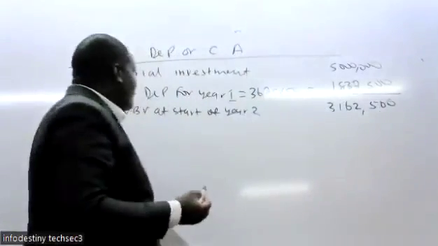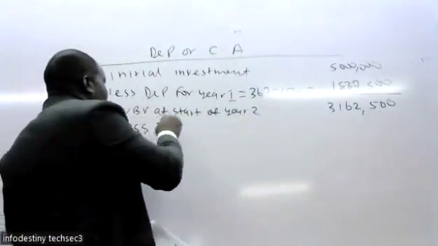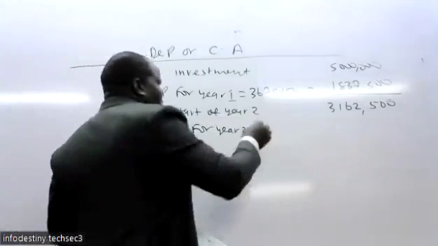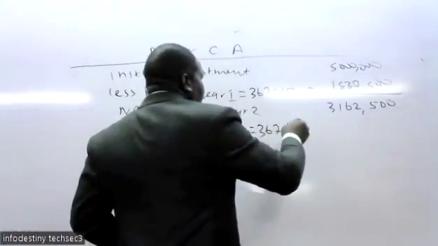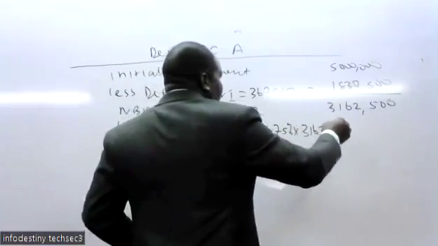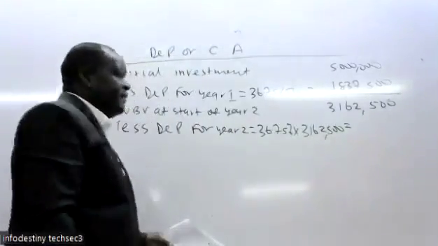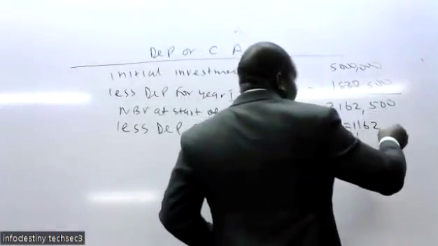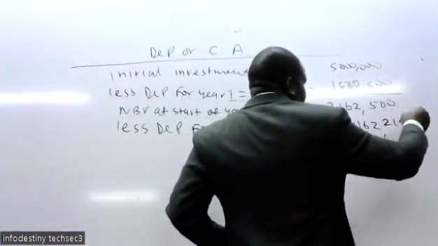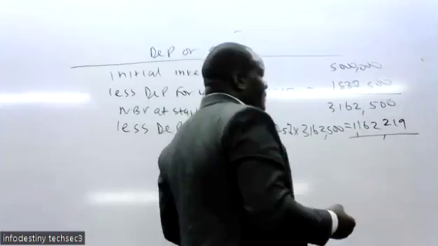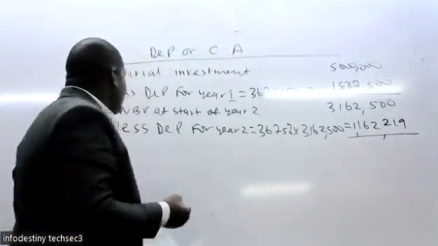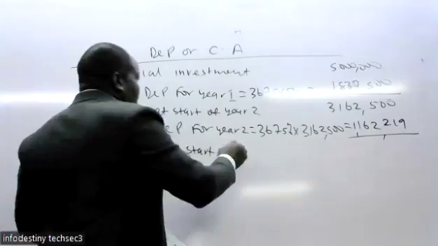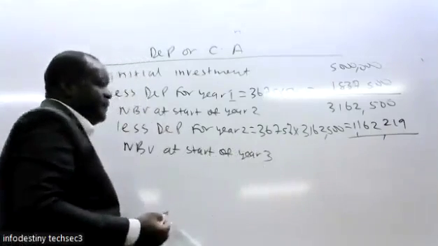It is 3,162,500. We also deduct the depreciation for year 2, which is also 36.75% of 3,162,500. That gives 1,162,218.75, which rounds off to 1,162,218. So we come up with the net book value at the start of year 3.